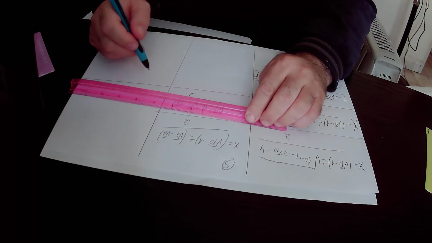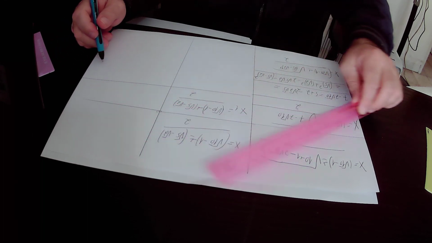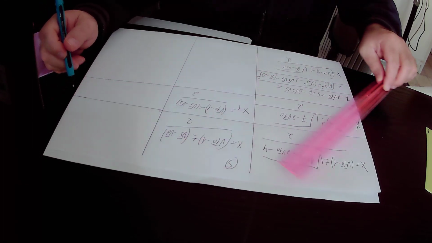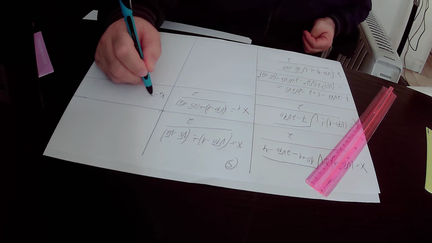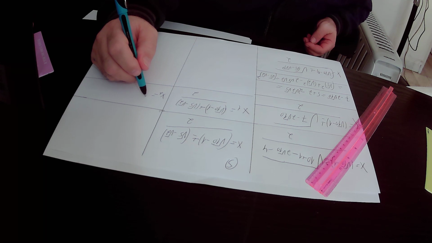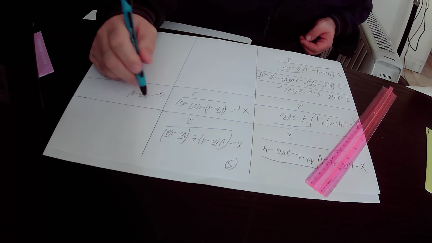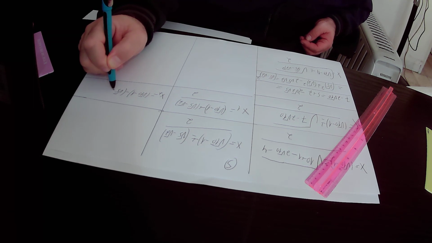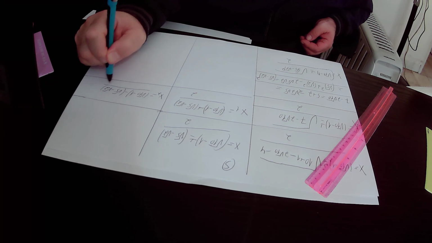And the second solution for x will be x2, and x2 will be equal to square root of 10 minus 1 minus square root of 5 minus square root of 2, over 2.